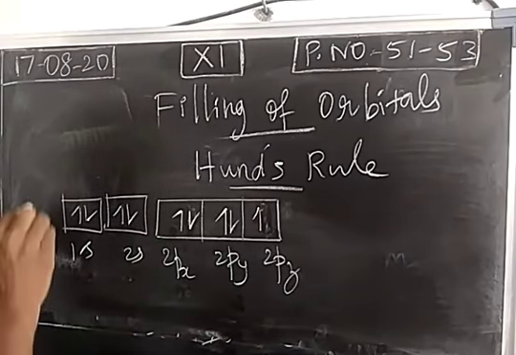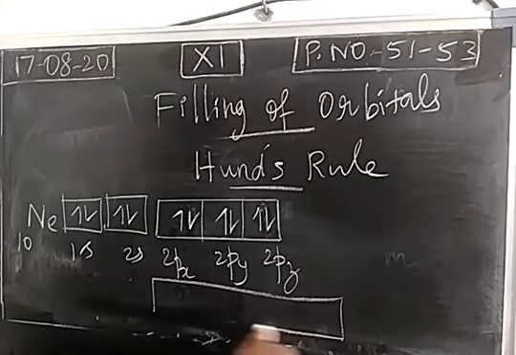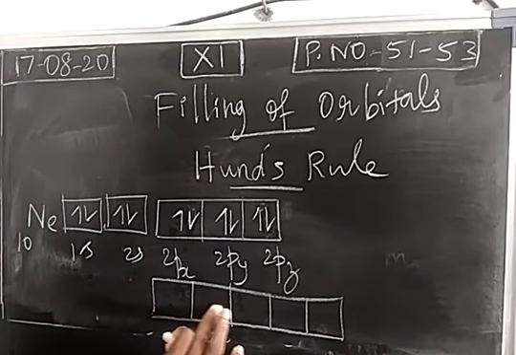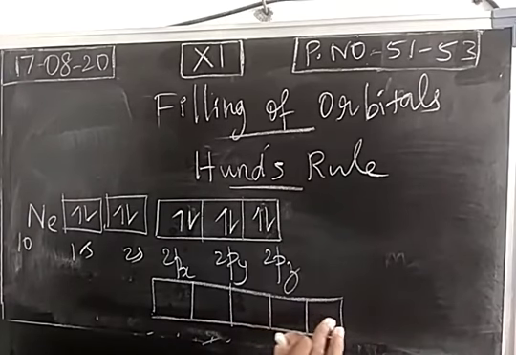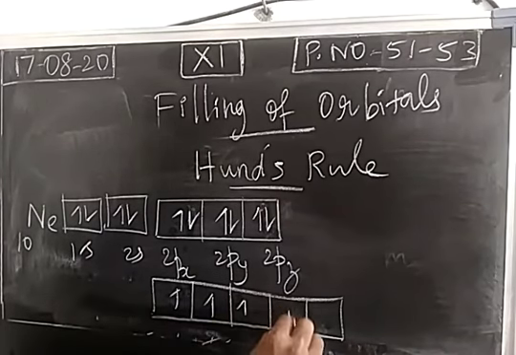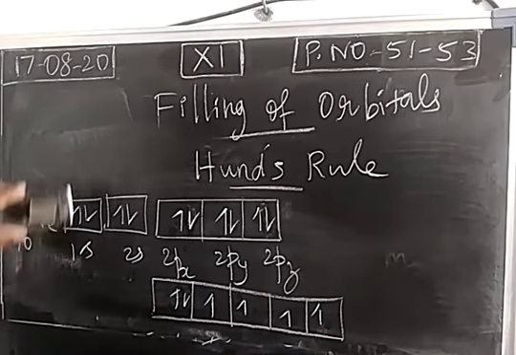If you take neon, 10th electron will be paired in 2pz orbital. The same will be applicable for d orbitals also: dxy, dyz, dzx, dx2 minus y2, dz2. If you take degenerate d orbitals, first electrons will occupy singly, then only pairing will take place. So this is called Hund's rule.